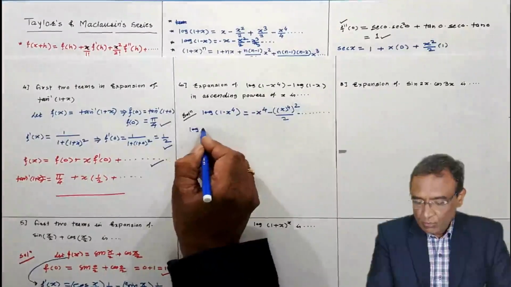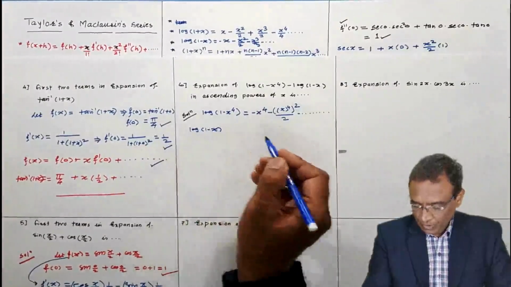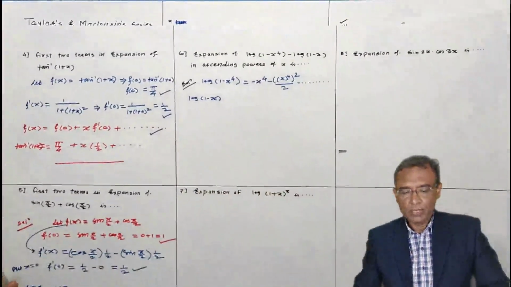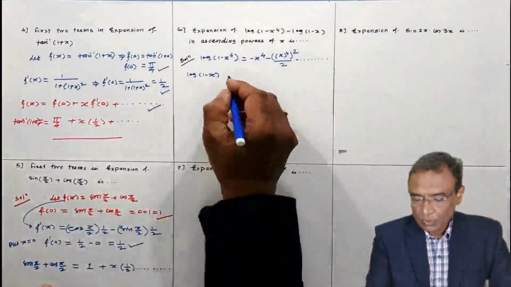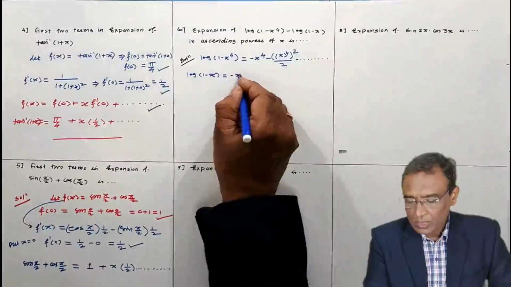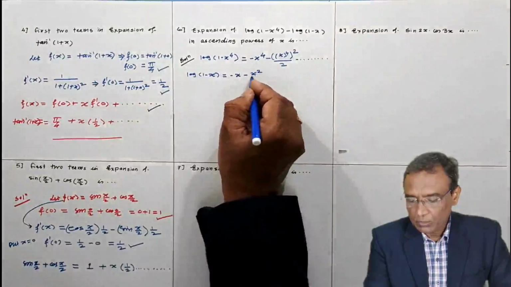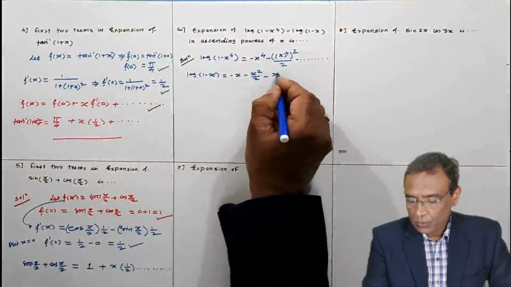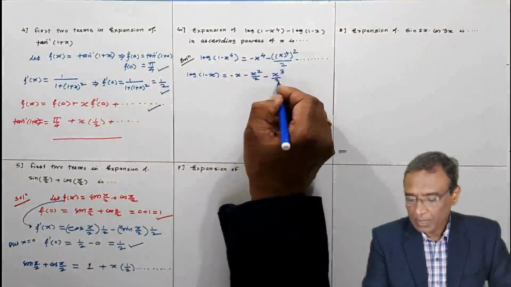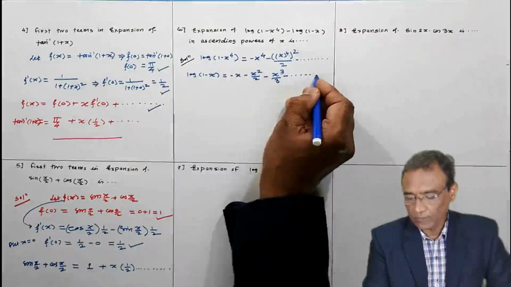What is the expansion of log of 1 minus x? Expansion of log of 1 minus x is minus x square by 2 minus x cube by 3 minus x to the power 4 by 4 and so on.